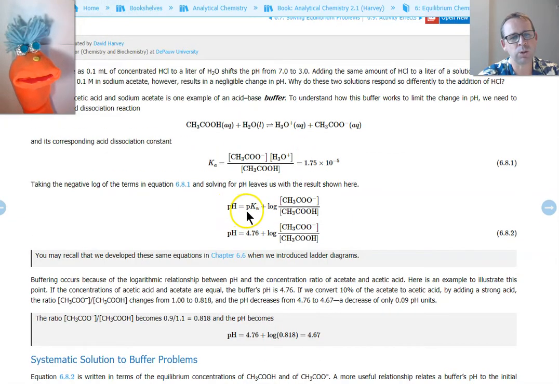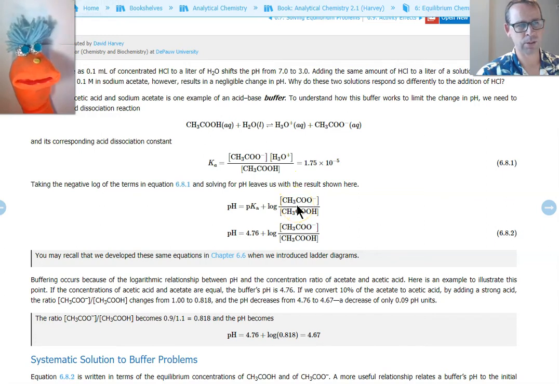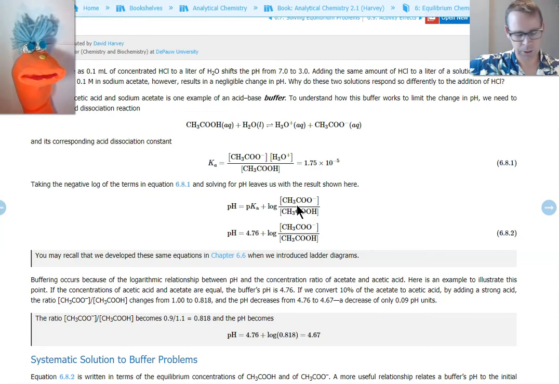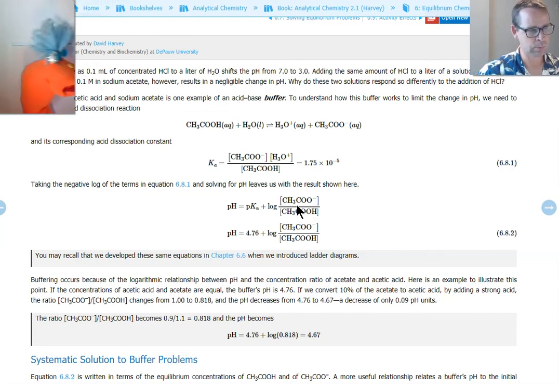Now, the pH will equal the pKa if the log of this ratio, the concentration of the dissociated form over the concentration of the associated form, is zero. If these concentrations are the same, the log of 1 is, do you remember what the log of 1 is? Take your calculator, put it in your calculator.